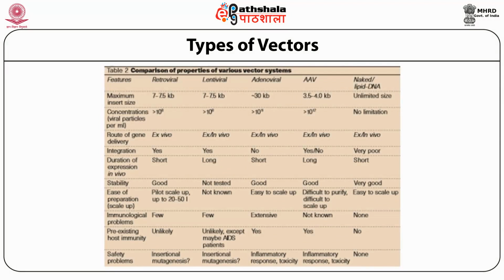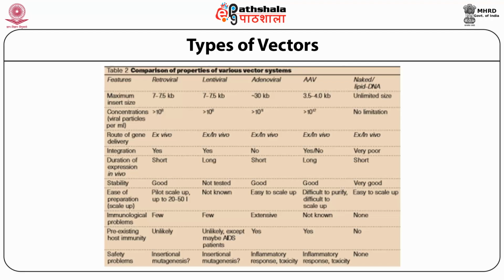This table shows you the comparative analysis of viral vectors and non-viral vectors. As you can see in this table, non-viral vectors are very good at taking a large amount of DNA. Then they can be introduced by ex vivo as well as in vivo methods, and they have very good stability, are easy to scale up, cause no immunological responses, host immunity does not affect them, and safety is also much better than viral vectors.